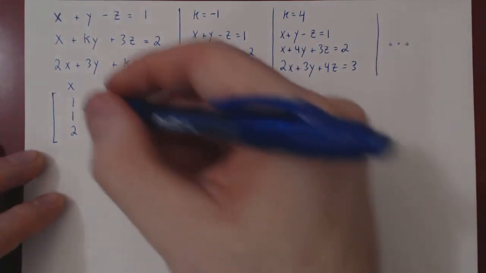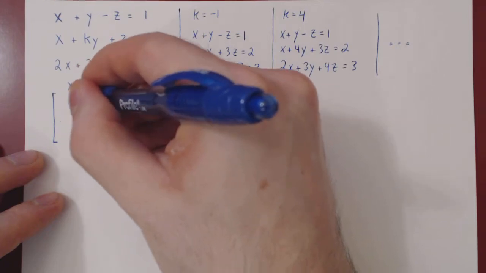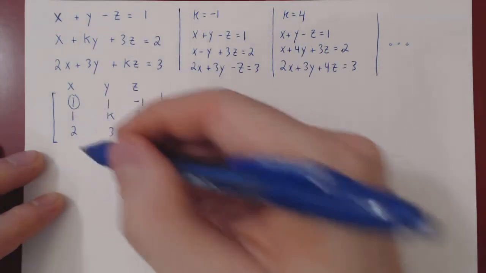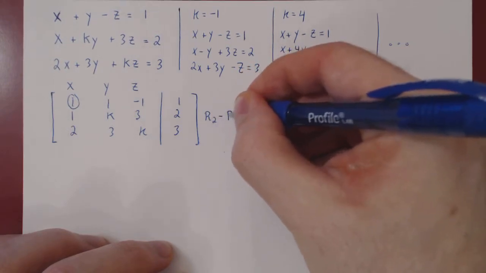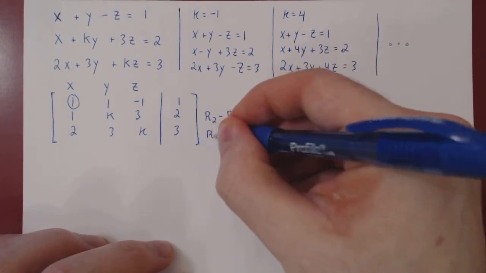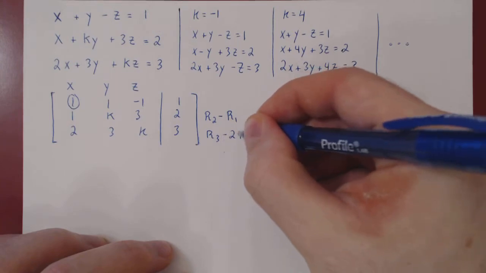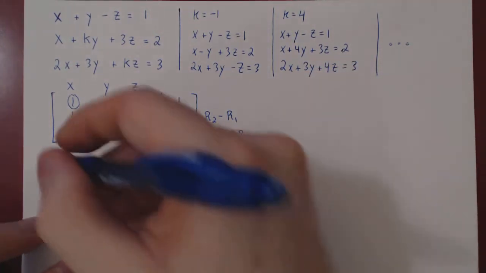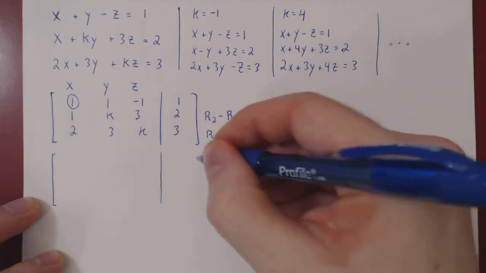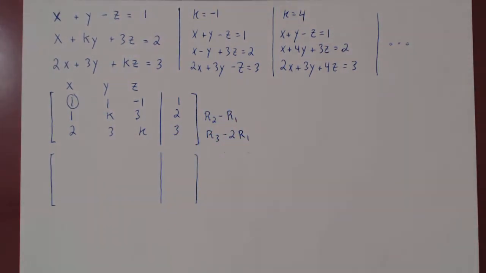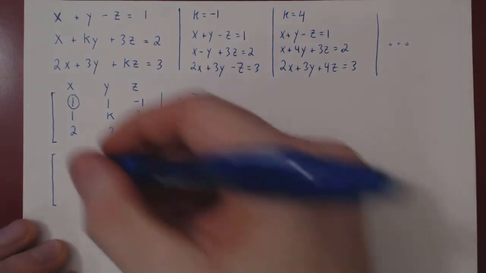Alright, we already have a leading one in the top row. Let's use it to kill the two entries below it. So let's do row 2 minus row 1, and row 3 minus 2 row 1. We can recopy the first row as we're not changing it.